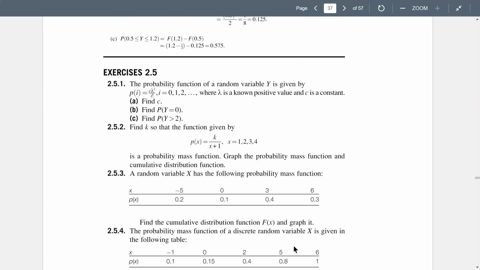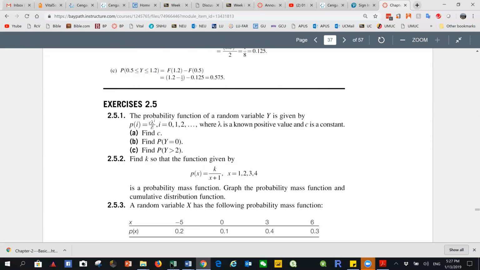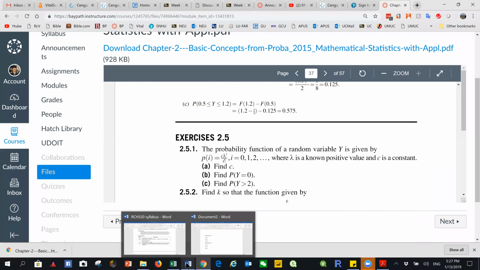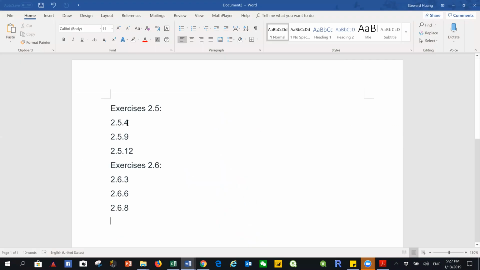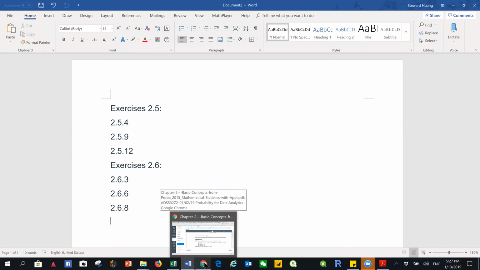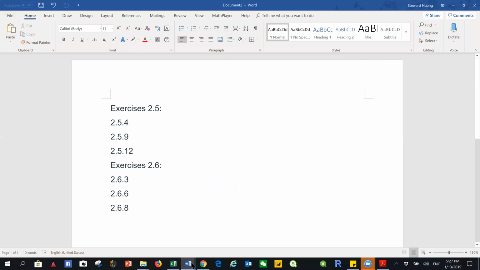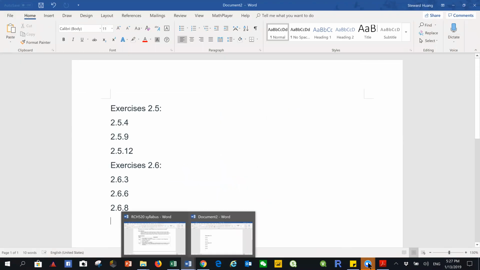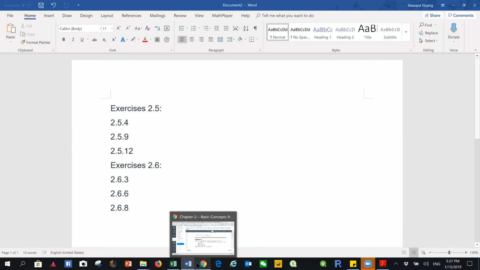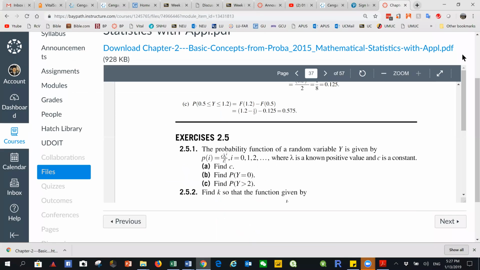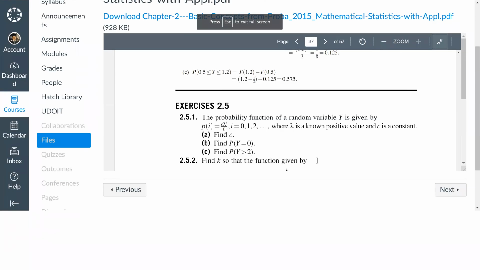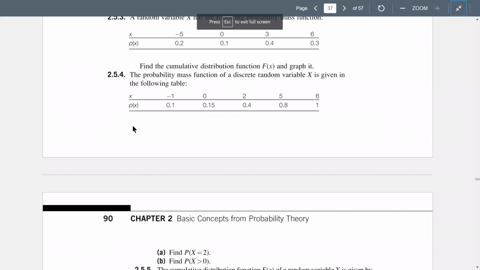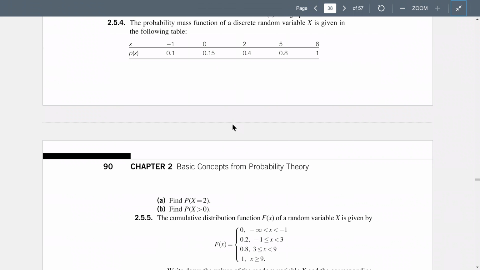Now, let's look at some of the questions in 2.5: 4, 9, and 12. Number 4 is this.